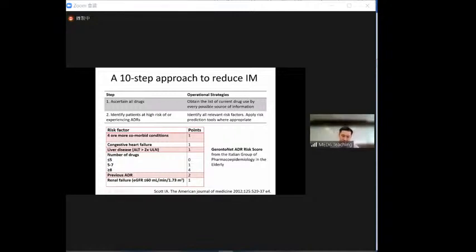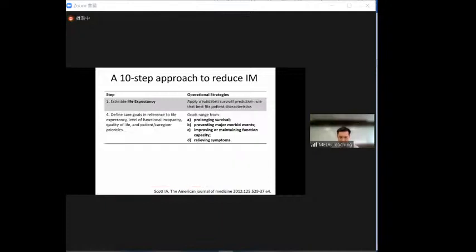You would pay attention to the simple list like here: more comorbidities, heart failure, liver disease, number of drugs the patient is taking, previous ADR, and renal impairment. These are maybe the more important risk factors that make the patient susceptible to ADR.